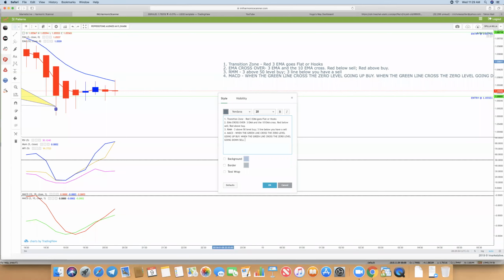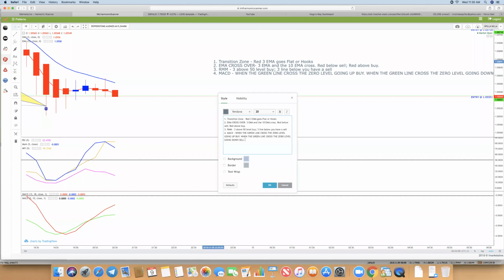So that's number 4. Now, I need you to hear this. This is very important. I need you to write this down. I'm going to put this in boxes so you can see. The red line must be going in the same direction as the green line. Do y'all have that? This is something I see you messing up on. On the MACD, it's the 0 level.